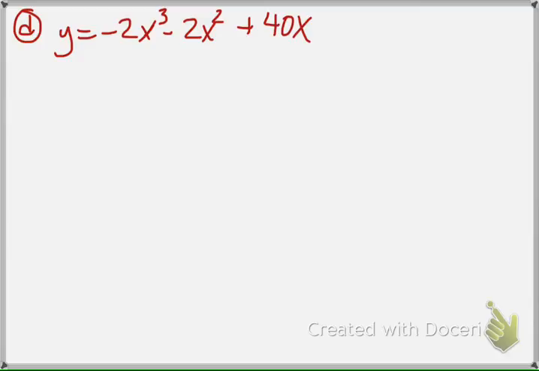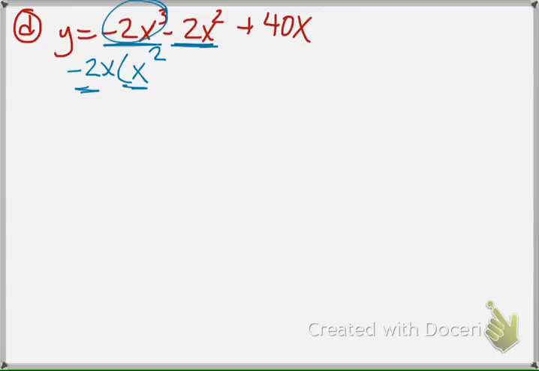So we're going to factor out a negative 2x from here. So what would I have left over? X squared. And double check that this times this gives you that, and it does. If I factor out a negative 2x from here, what do I have left over?